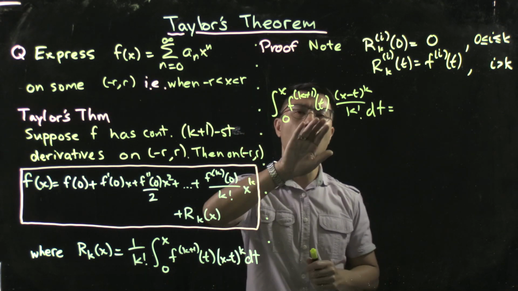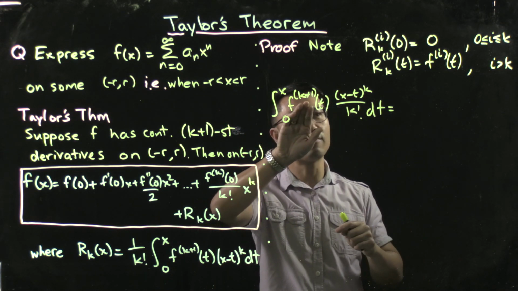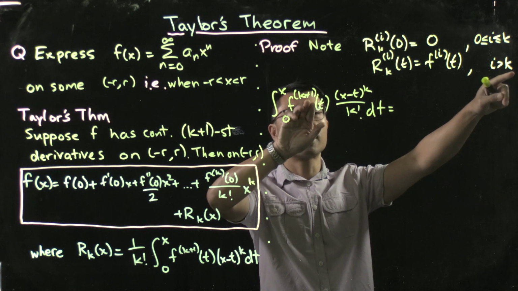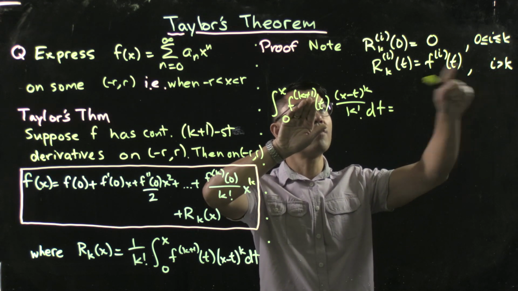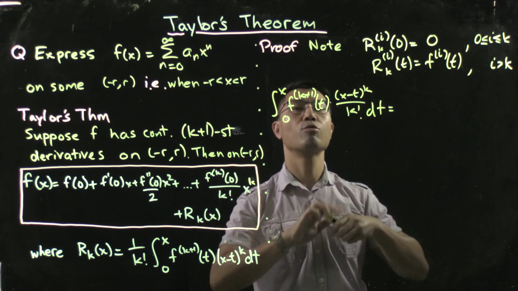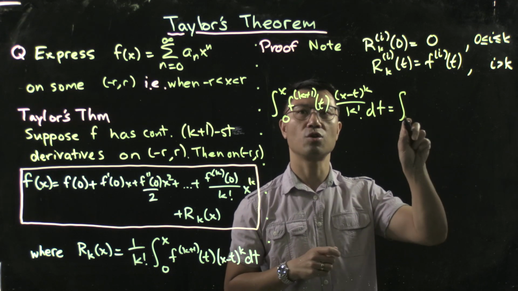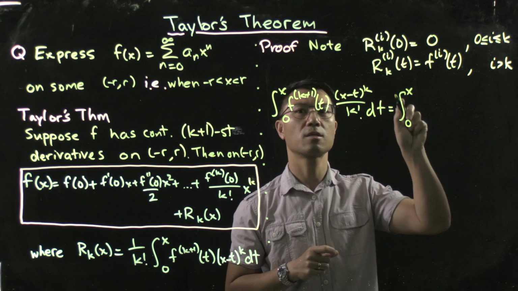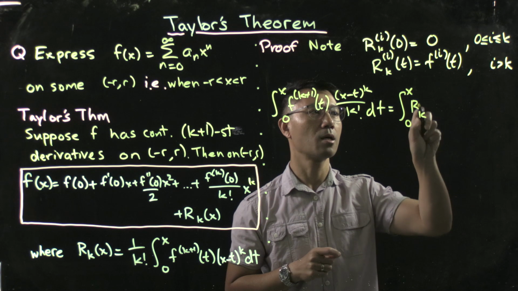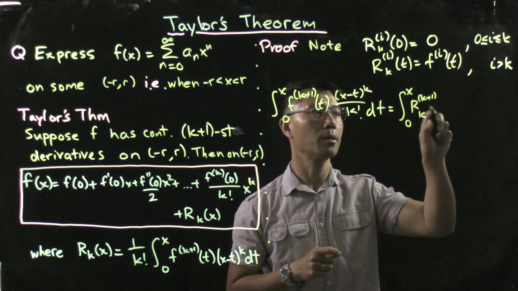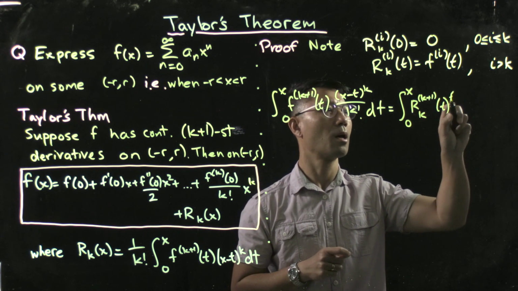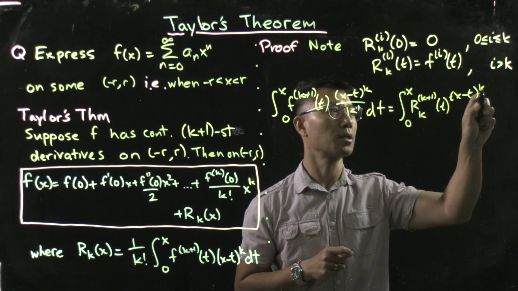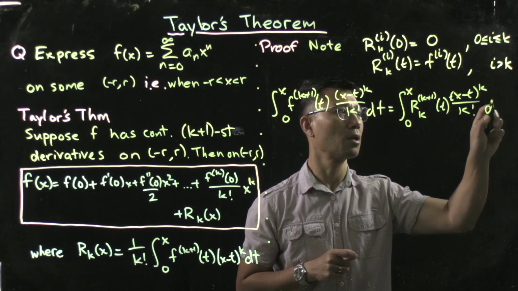The key point is that since we're looking at the k plus first derivative, which is beyond the kth derivative, I can replace this f with the remainder term. So that's the integral from 0 to x of r_k^(k+1)(t) times (x minus t)^k over k factorial, dt.